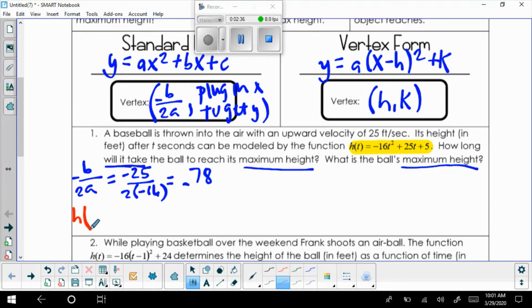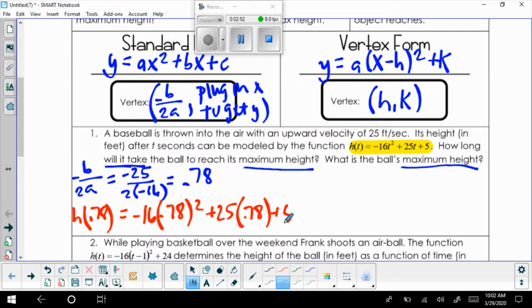So h of 0.78 equals negative 16. So in this case, I'm replacing all the t's. 0.78 squared plus 25 times 0.78 plus 5.